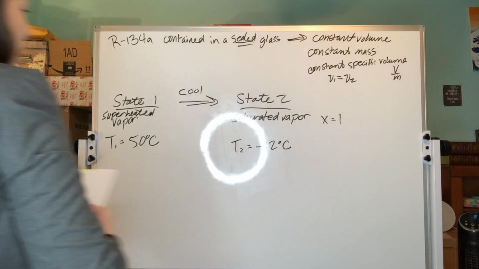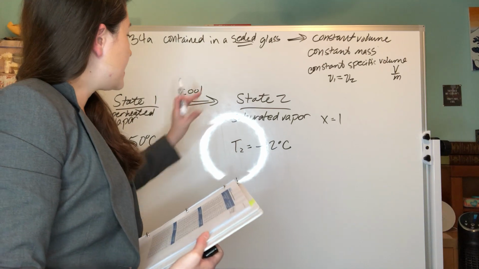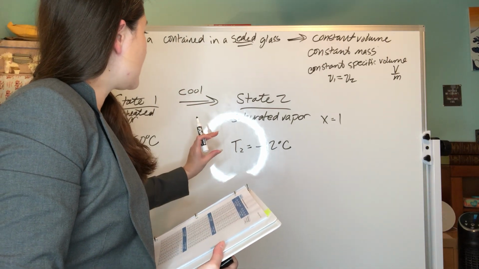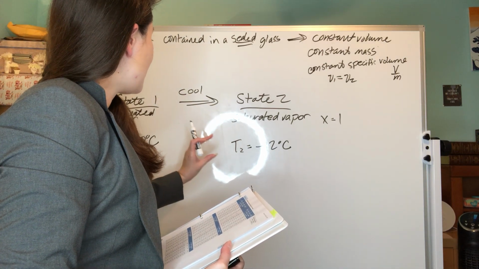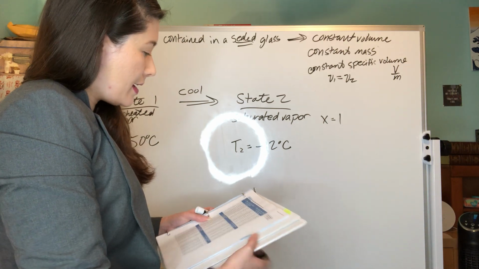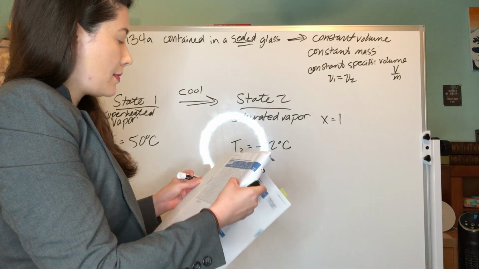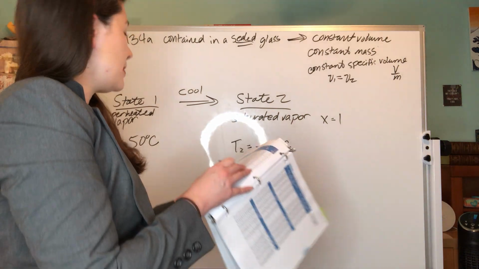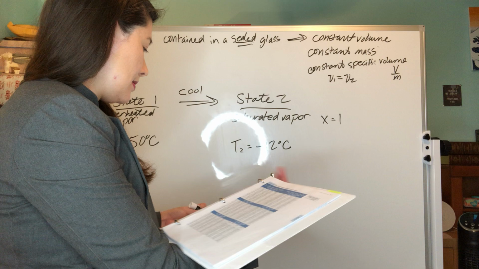Okay, so I know that at state 2 I have saturated vapor. I know that the temperature is negative 12 degrees C. So let's start with looking at the table for saturated R134A.